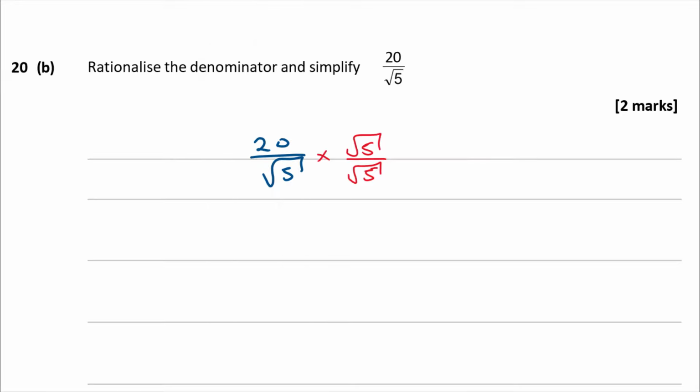It would, however, change what it looks like, because root 5 times root 5 is just 5 on the bottom, and I'm going to get 20 root 5 on the top, because 20 times root 5 is 20 root 5. And then I can divide that 5 into the 20, which is going to give me 4, isn't it? So the final answer is 4 root 5 in its simplified, rationalized form.